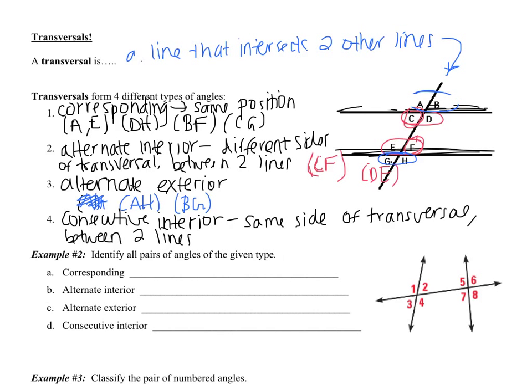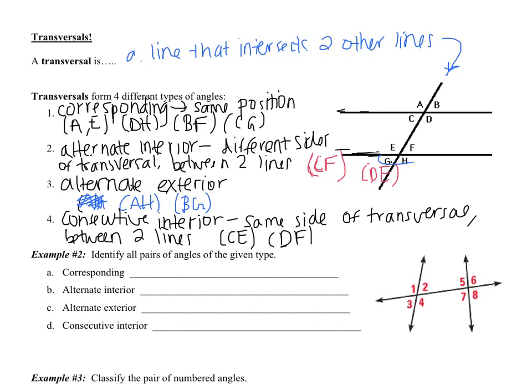Okay, so erasing everything that we did before over here. Okay, in between the two lines, C, D, and E, F. So the consecutive interior would be C, E, because they're both on the left side of the transversal, and then D, F, because they're both on the right side of the transversal.